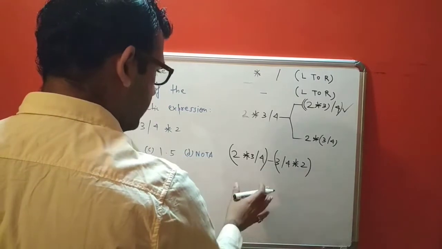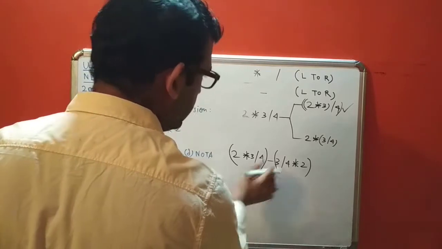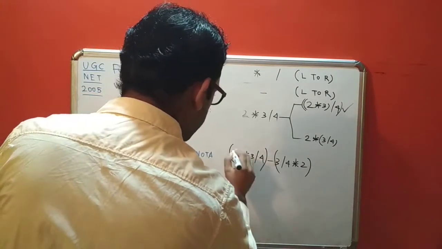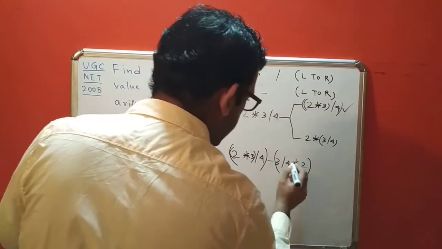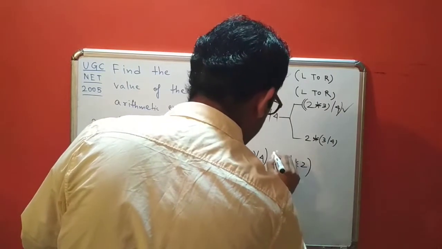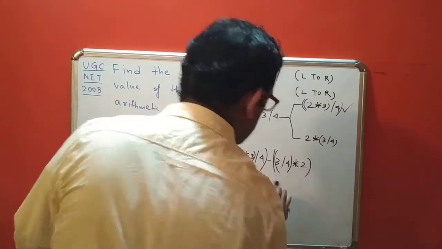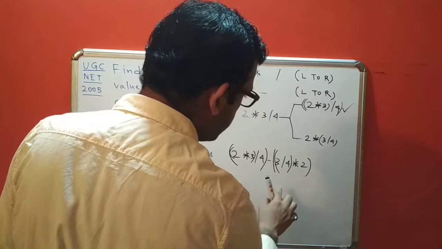Even after applying the rules of precedence, I am left with the dilemma which I just resolved. So I will evaluate the left part first. I'll do 2 star 3 first. But here, mind you, I'll do 3 divided by 4 first.